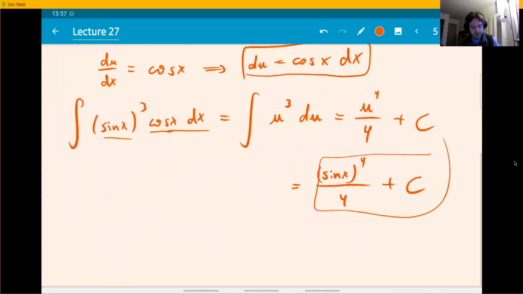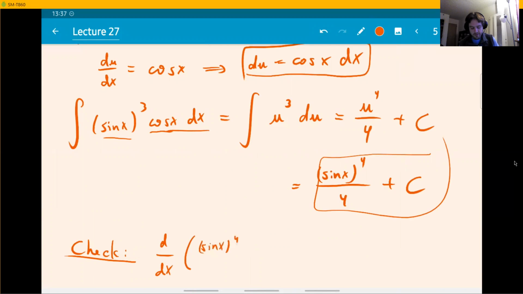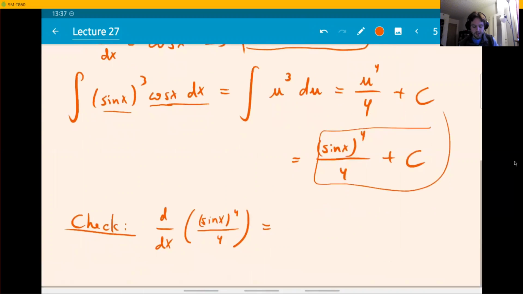And it's never a bad idea to check that you have the right answer, just to be safe. How do you check that we have the right answer? Remember, whatever answer you found, take its derivative in x, and it should give you the original function inside of the integral. In this case, you recognize this is chain rule. How do you differentiate sine to the fourth?